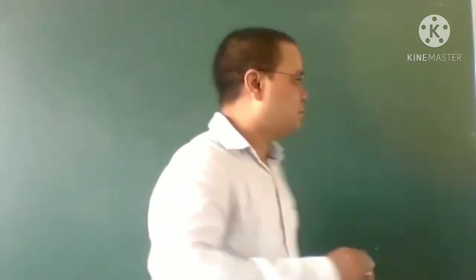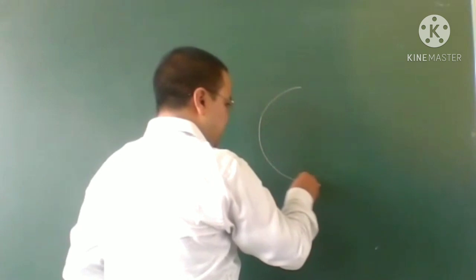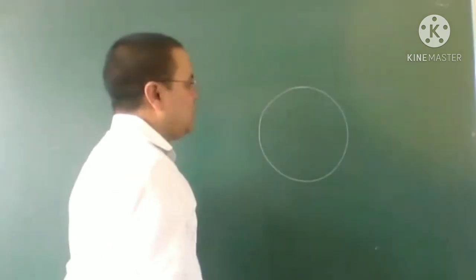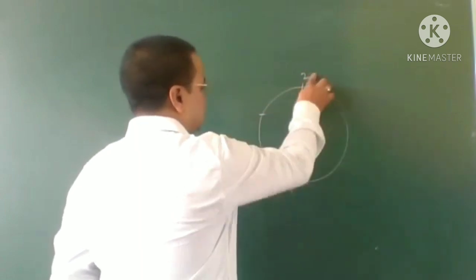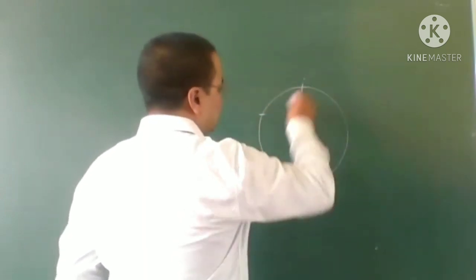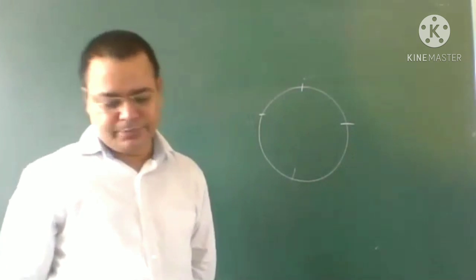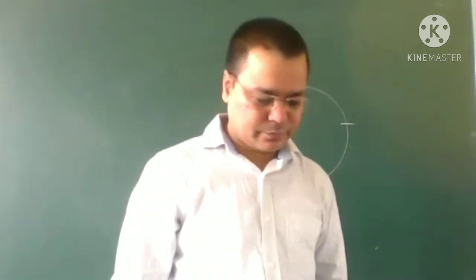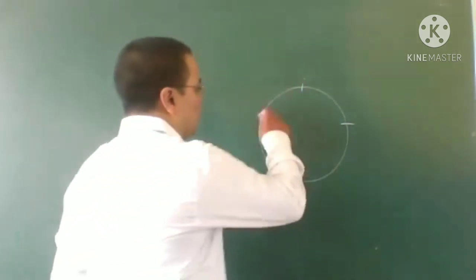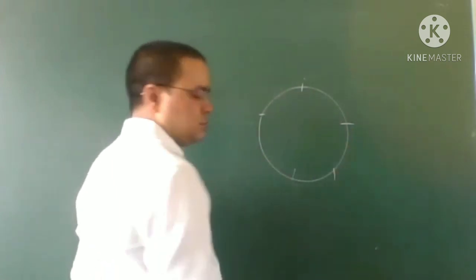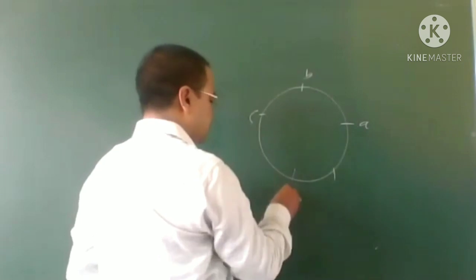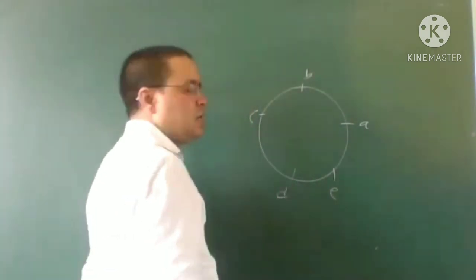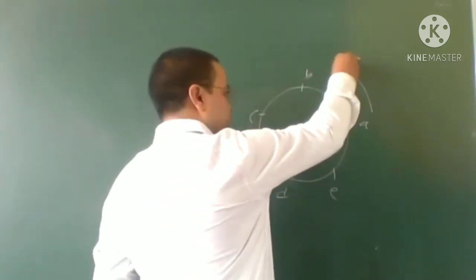But in circular arrangement, if the persons are sitting in the part of a circle, let one person sit here, two here, and so on. Just like let there be 5 persons, 1, 2, 3, 4, 5 here. Let them be A, B, C, D and E. This is clockwise.